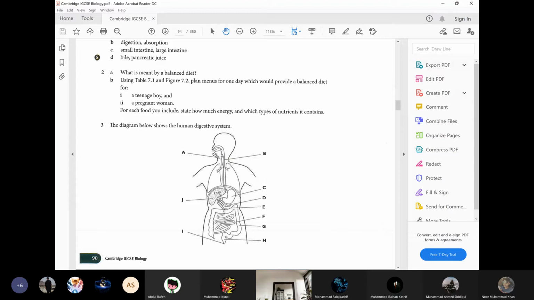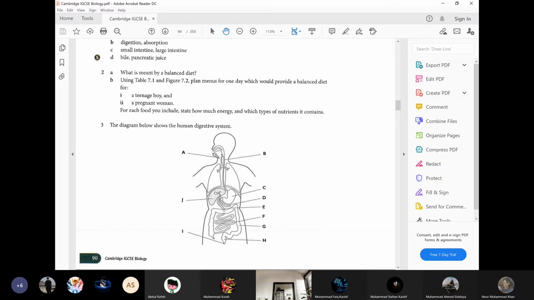Now next one, using table 7.1 and figure 7.2, plan menus for one day which would provide a balanced diet for a teenage boy and a pregnant woman. Now, boys, the teenage boy would definitely require a high carbohydrate and high protein diet, right?